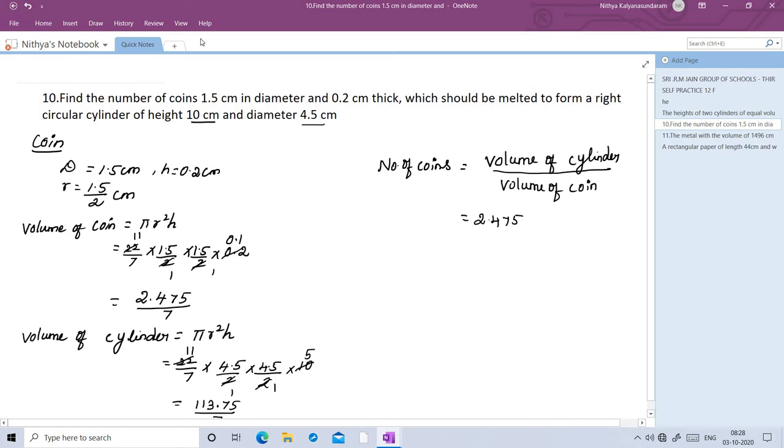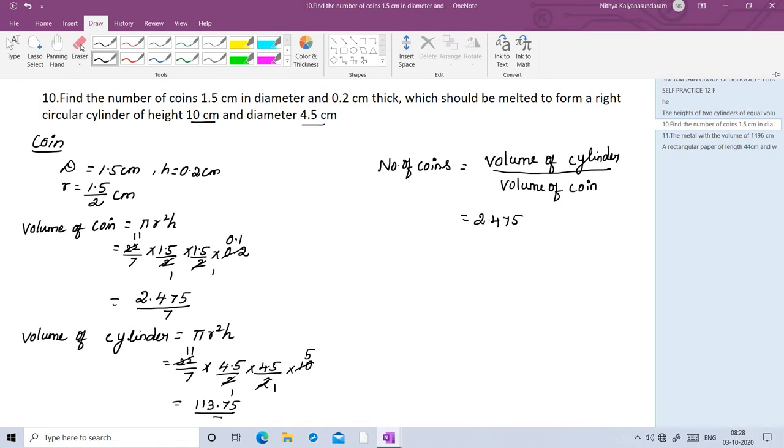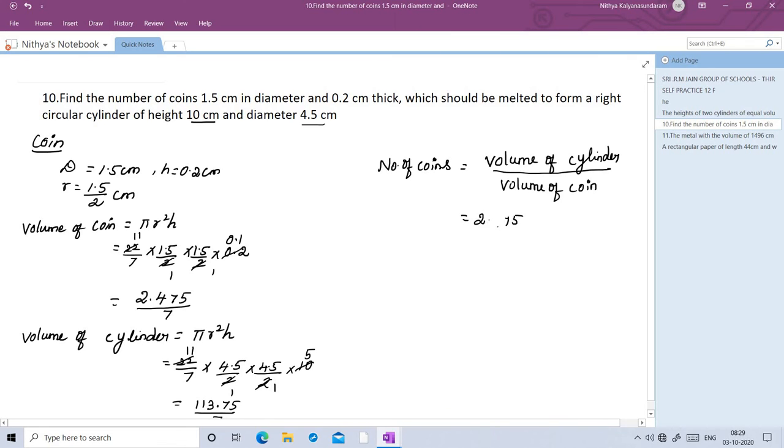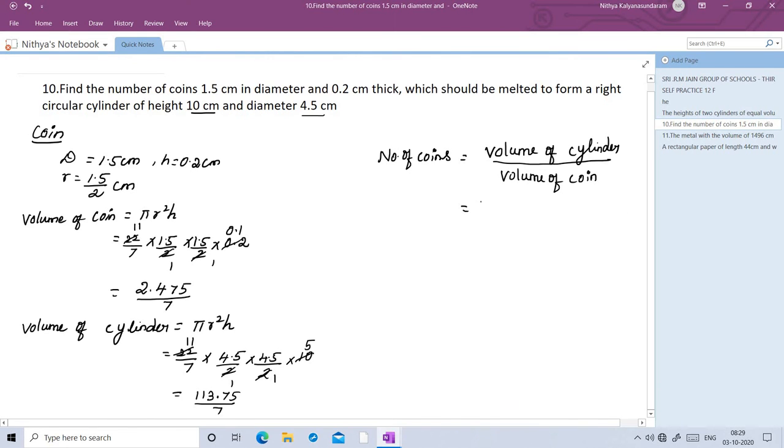So volume of cylinder is 113.75 divided by 7. Divide by volume of coin, so if you are going to numerator, it's multiply. So 7 by 2.475. So 7 we can cancel.